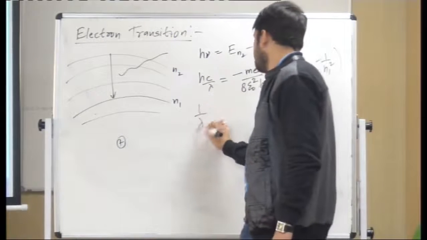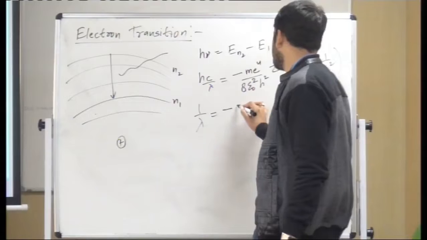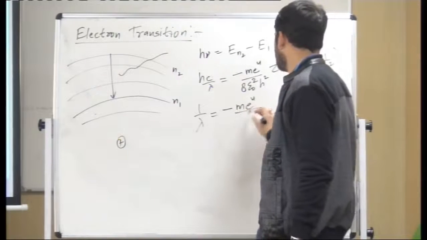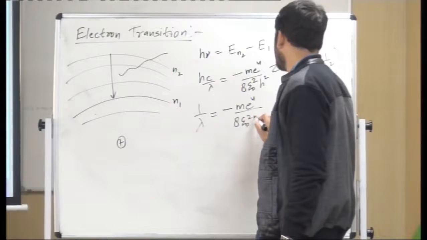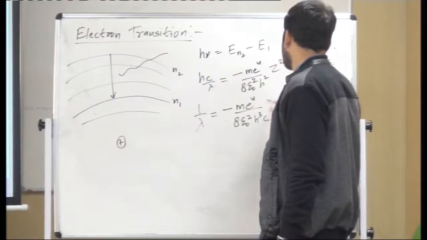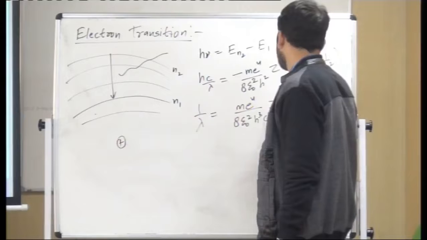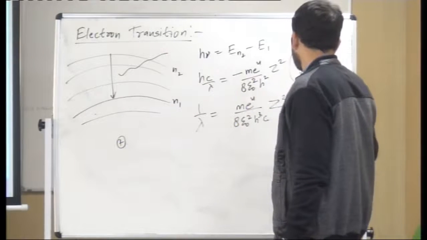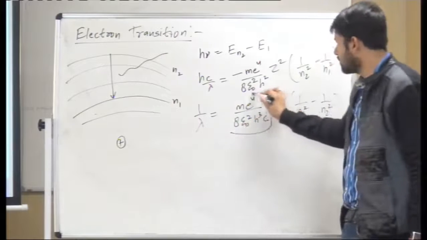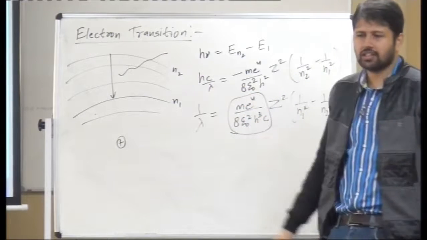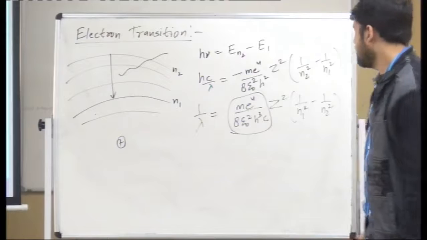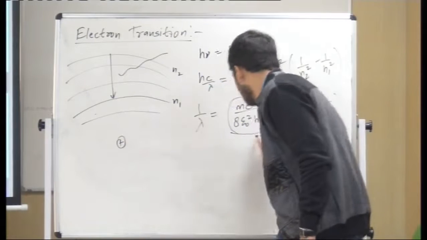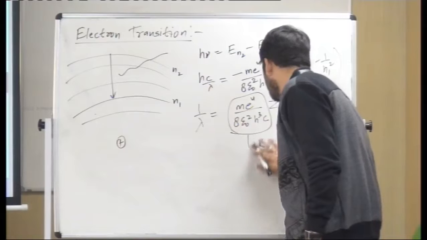So 1 by lambda is minus m e^4 by 8 epsilon naught square h cube c. I'll take the negative inside. This is Z square times 1 by n1 square minus 1 by n2 square. This whole thing is again a constant. It is called Rydberg's constant.